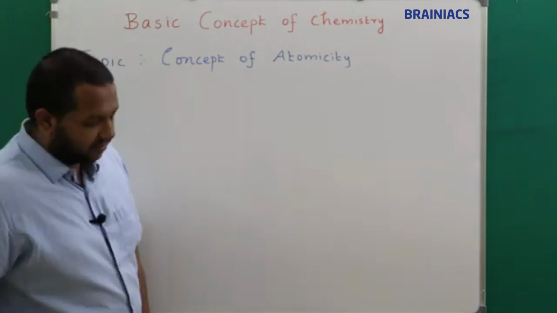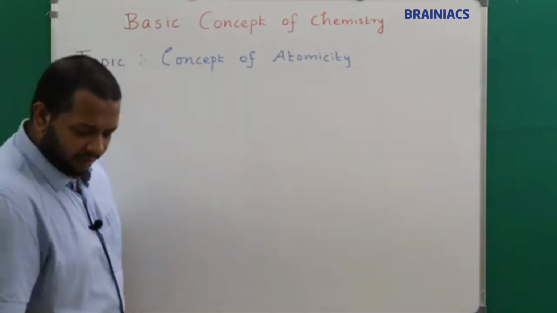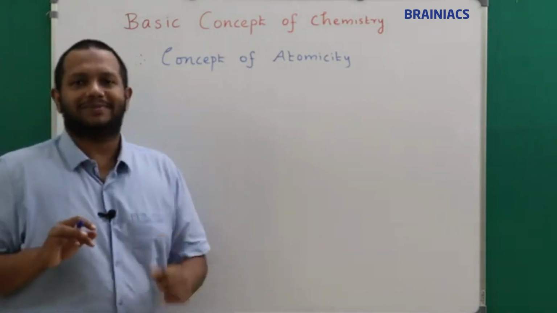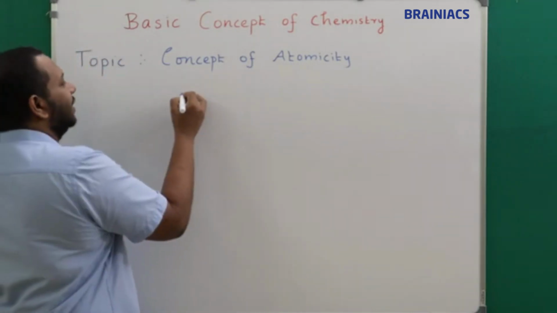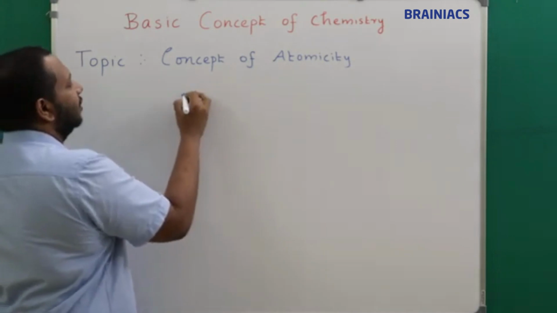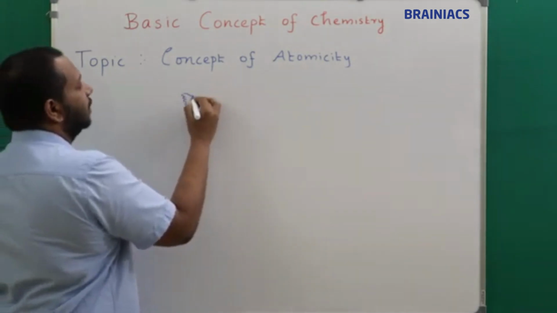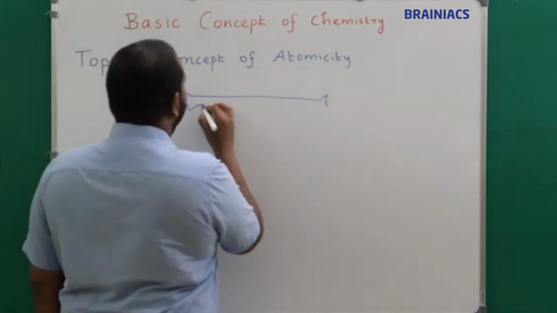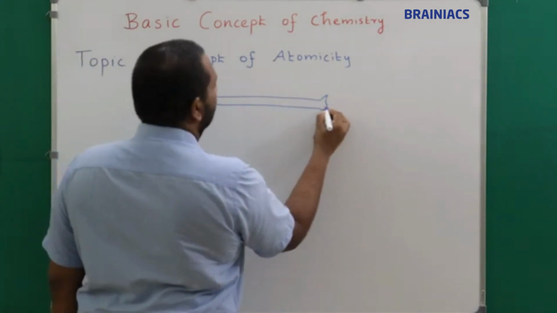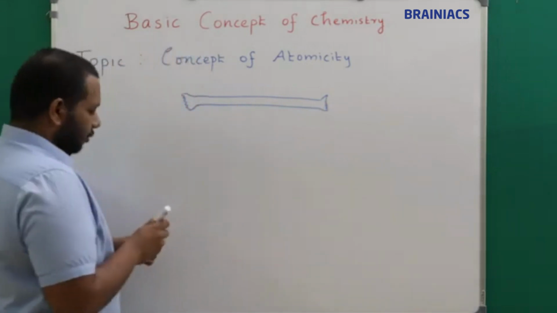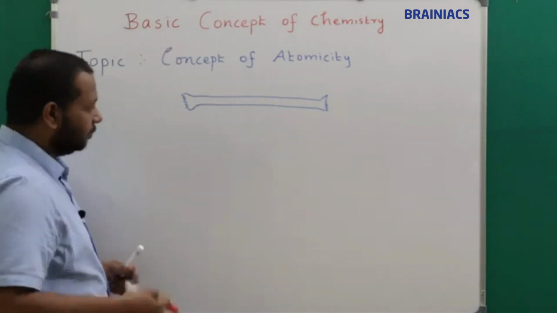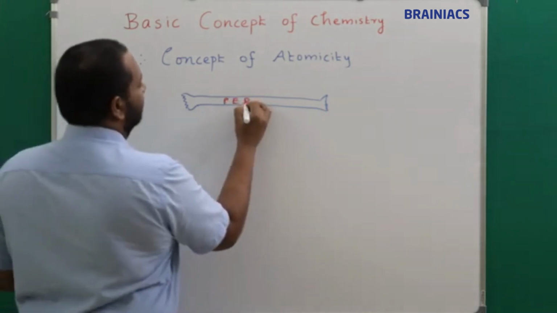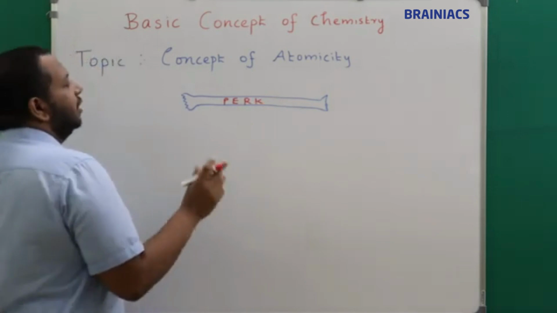So the simple example I am taking here is, everybody might know a chocolate named Perk. Okay, so I am drawing that for your understanding. This is my Perk actually. So it's a bigger Perk. You might have eaten this sweet or chocolate many times.